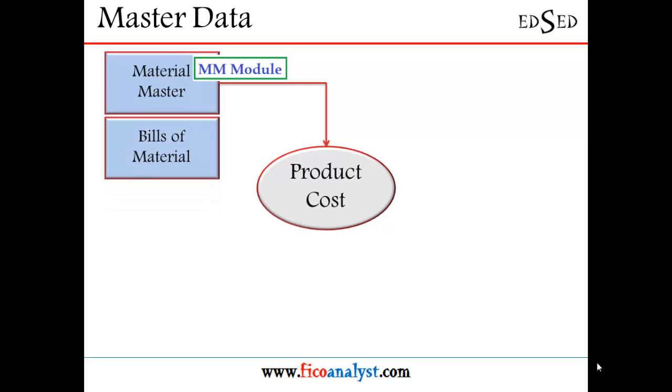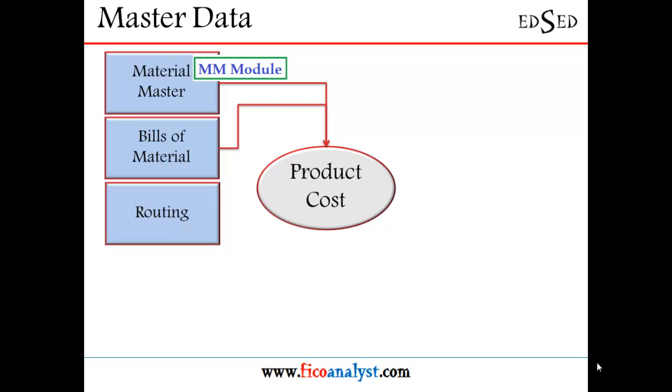Other information which is needed as master data is the bills of materials, often called BOMs. That information is very much needed in order to have product cost, because the cost would be rolled up based on the bills of materials for a product.